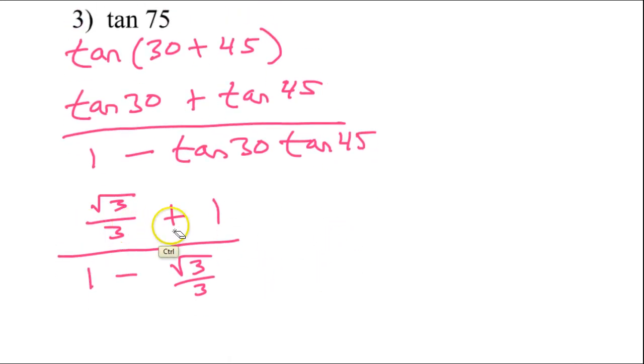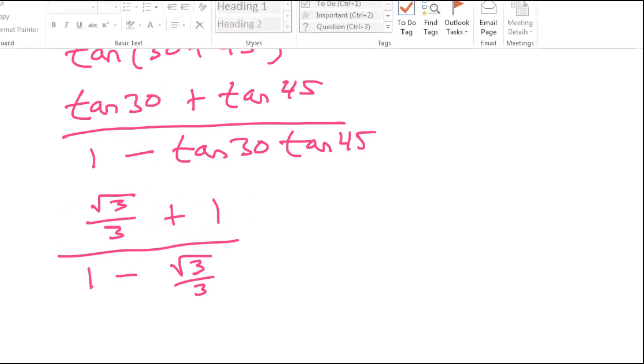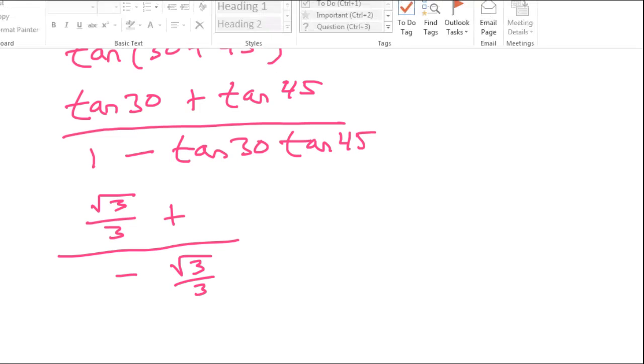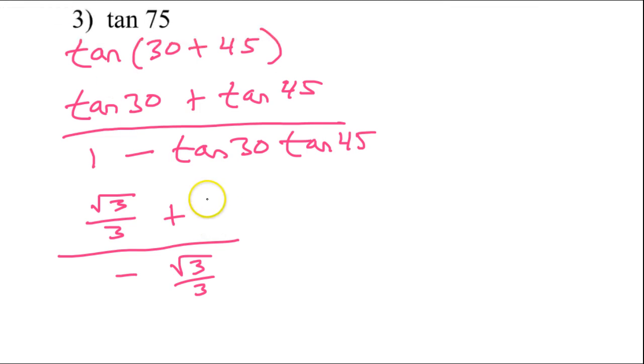Now, I need to have like denominators so I can add these together. 1 is really a magical number because you can write a 1 as 2 over 2 or 3 over 3 or whatever you want. I'm going to replace that 1 with 3 over 3 so that I have like denominators.